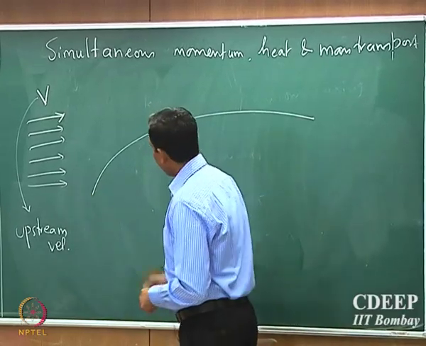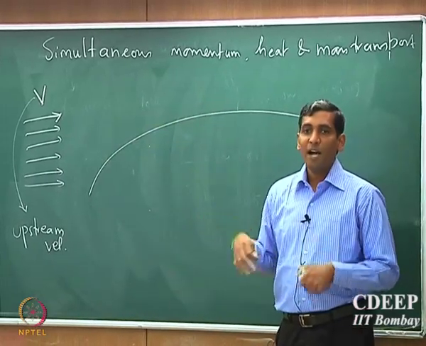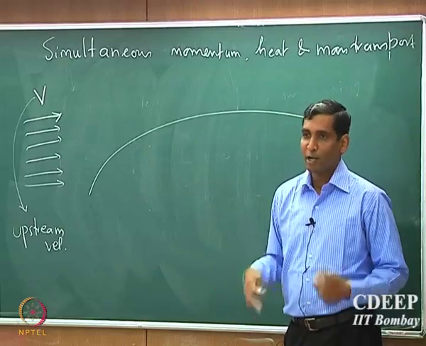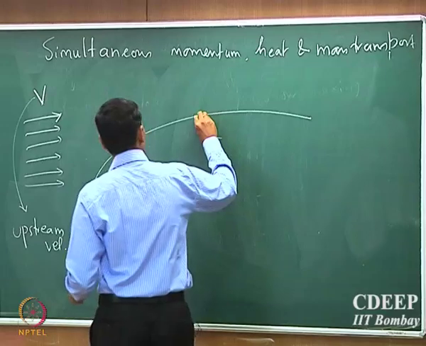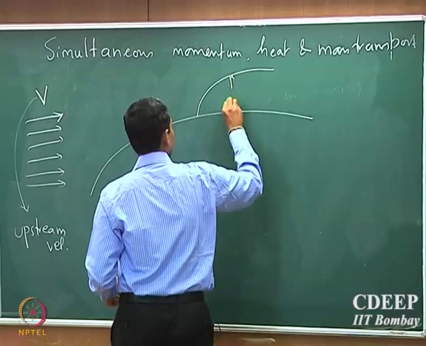Then when it sees the object, obviously you are going to have a boundary layer, a velocity boundary layer or a momentum boundary layer. So let us say that this is the velocity boundary layer.